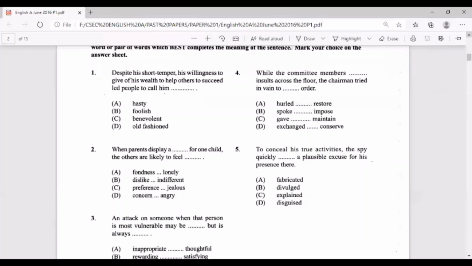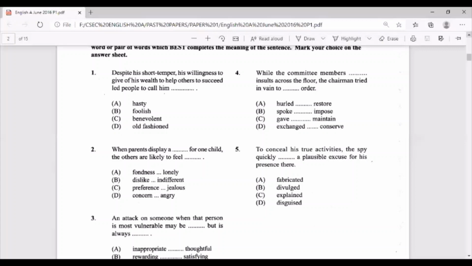And so far, all our options look like they could work, except B is a little bit off in terms of grammar. But the committee members, they're doing something with the insults, and what's our chairman trying to do? So our answer would definitely be A. They're hurling insults across the floor, and so the chairman is trying to restore order, to make things back to normal as best as possible, right?